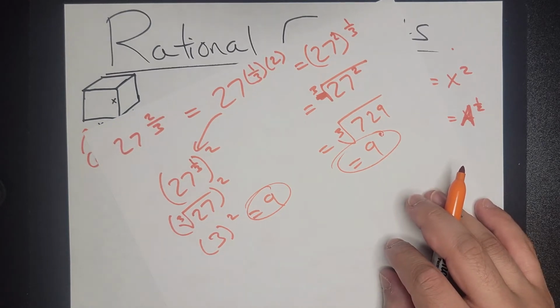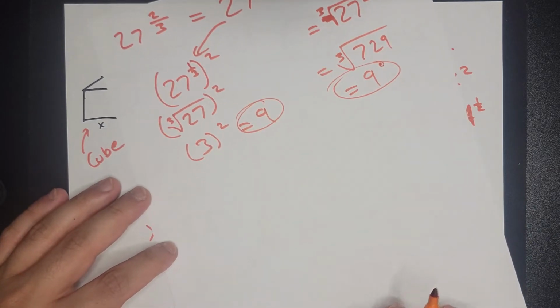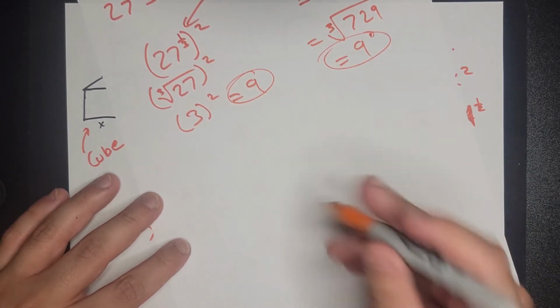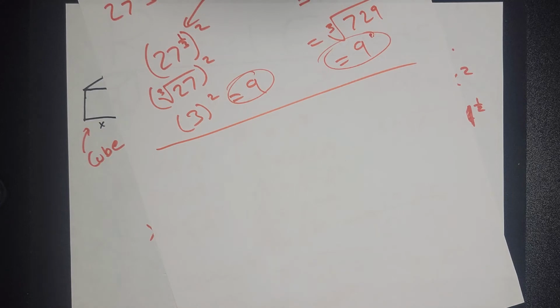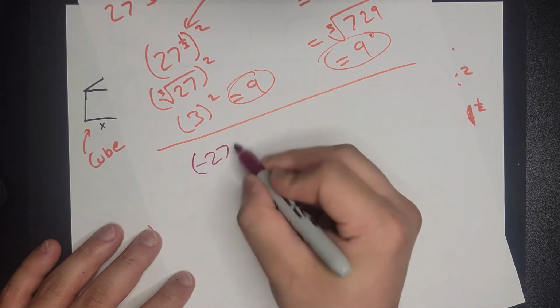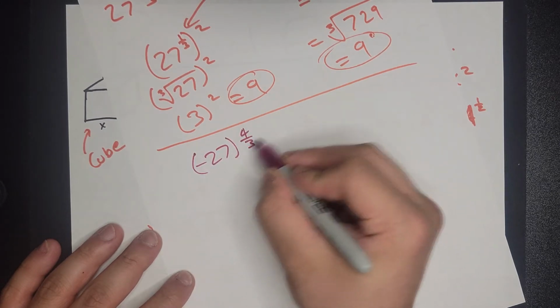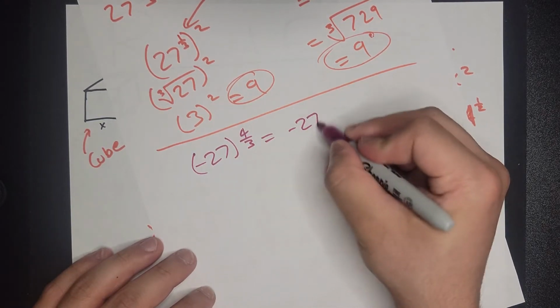Let's try some more, just to kick this into our habit. Maybe time for a solid color change. Let's do negative 27 to the power of 4 over 3. And we're going to break that down again.